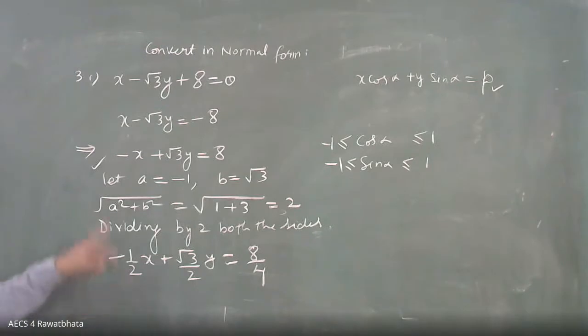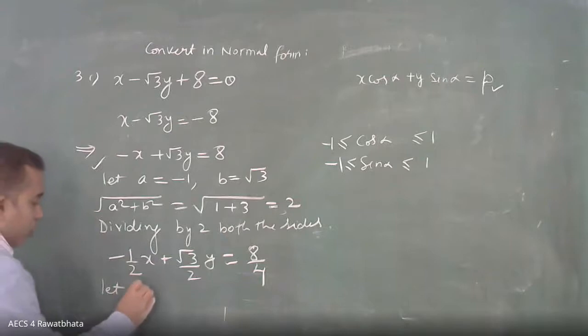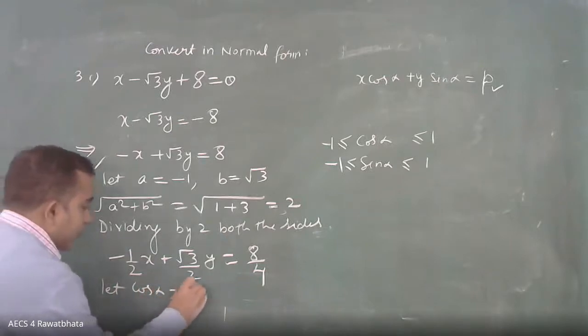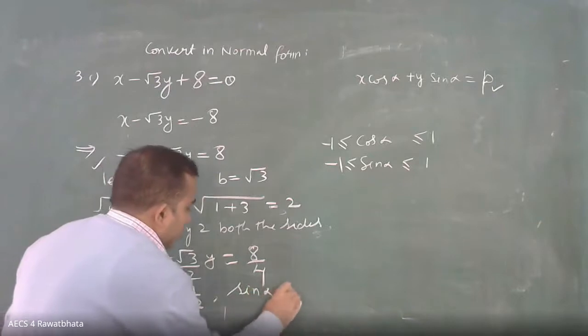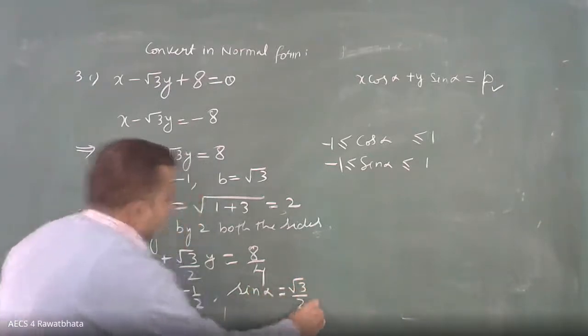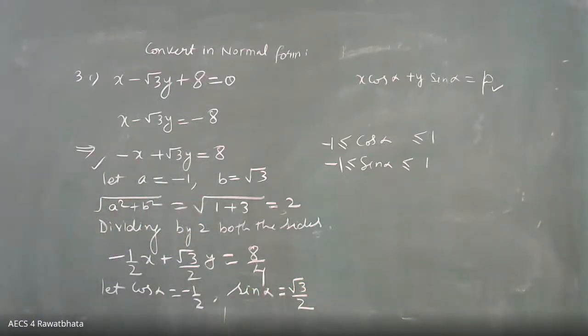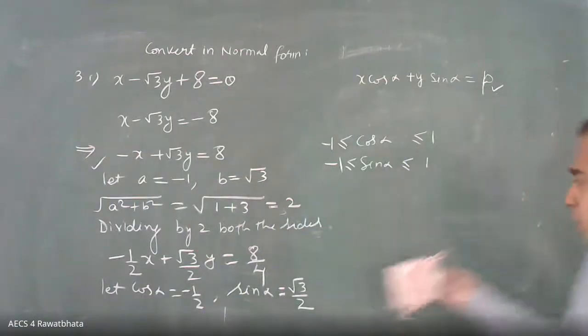Now whatever x multiplier is coming, declare it as cos alpha. Let cos alpha is equal to minus half and sin alpha is equal to root 3 by 2. Okay. From this, you get the value of alpha and then we'll make the substitution.